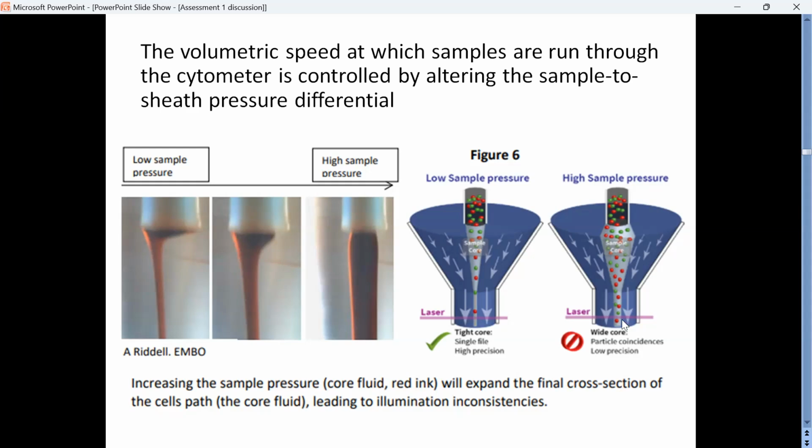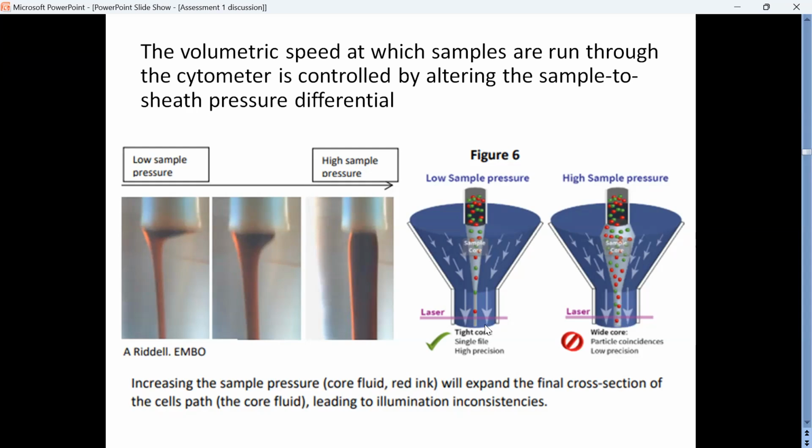When 2 or 3 cells pass the laser beam at the same time, you cannot study the cell completely and you get falsely increased signals. That is the problem with a wider core, so your resolution goes down. But if you study the sample in low pressure mode, the cells will pass neatly in a single file pattern and the resolution will be very good.